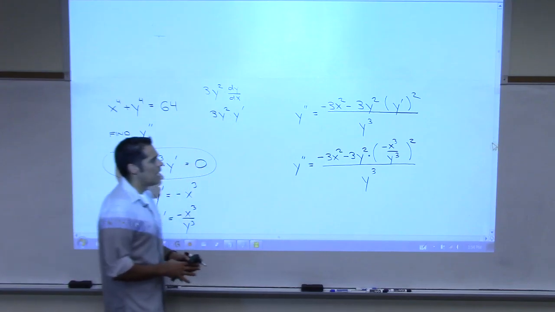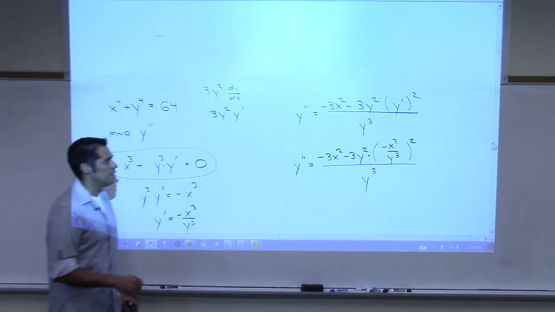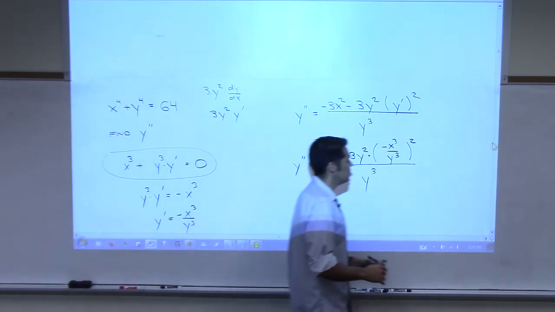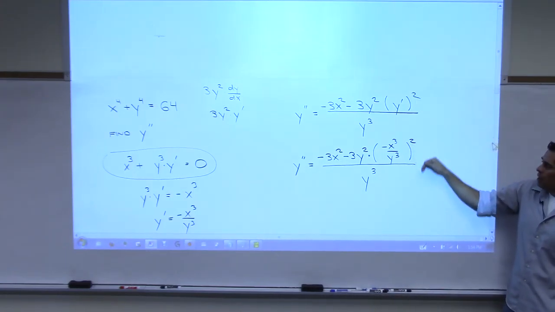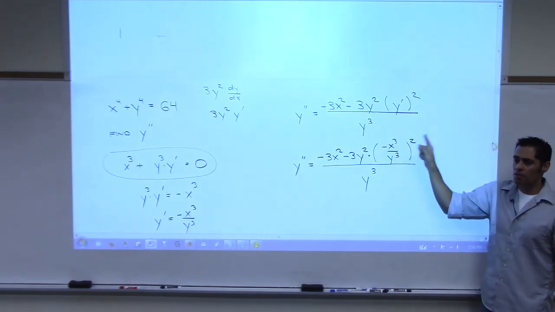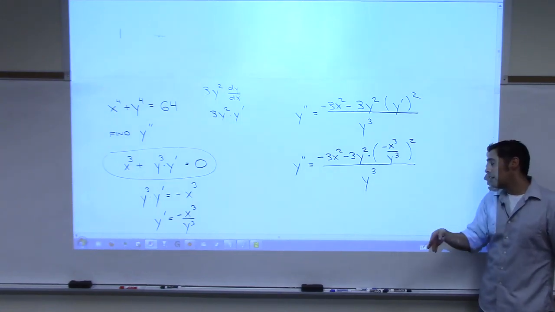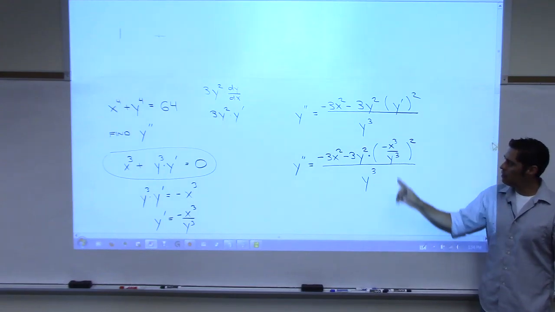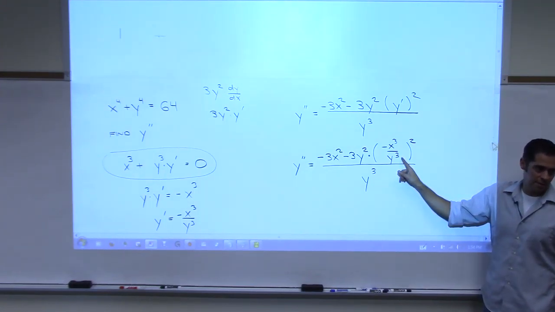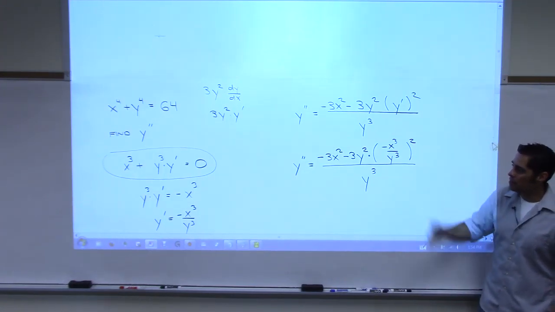And if I take a fraction and square it like I'm going to, I can square the top and bottom separately. If you take negative x cubed and square it, that's negative x cubed times negative x cubed, which is positive x to the 6th. This will be y to the 6th. So that's my next line.